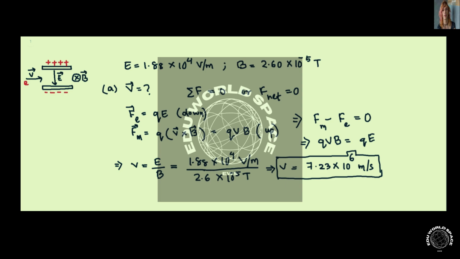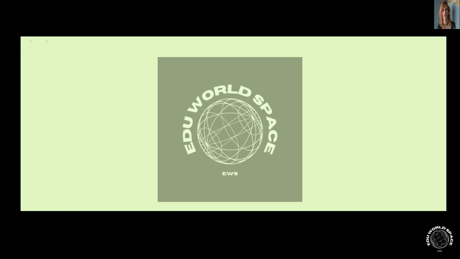Now let's move to the second part of the question. In the second part, the electric field is turned off, or we are simply making the electric field zero here, and we have to find the radius of the electron orbit if the electric field is turned off.